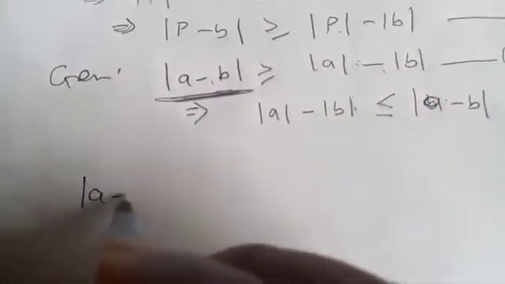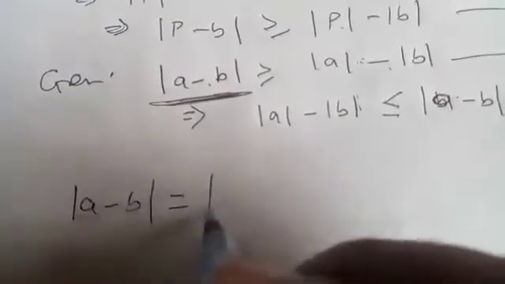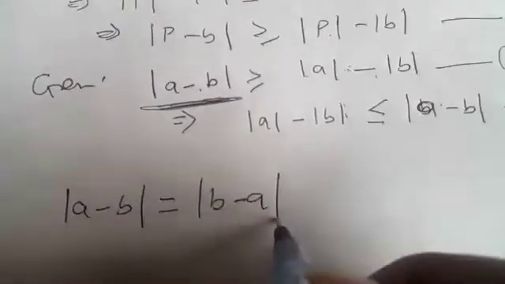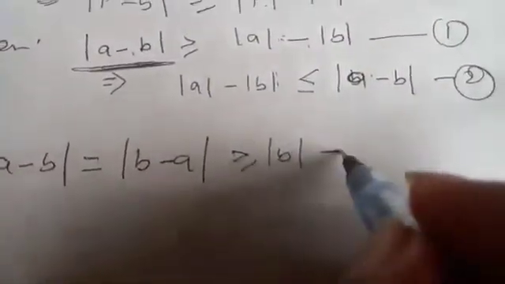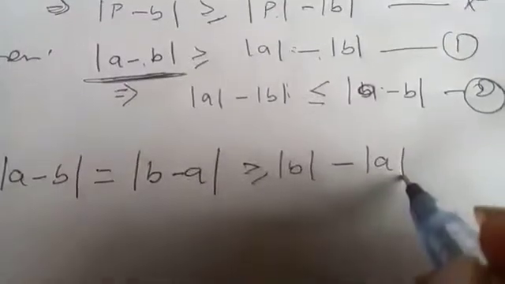Now, this absolute value of a minus b, we can still write as the absolute value of b minus a. And by what we have here, this is the same thing as the absolute value of b minus the absolute value of a.